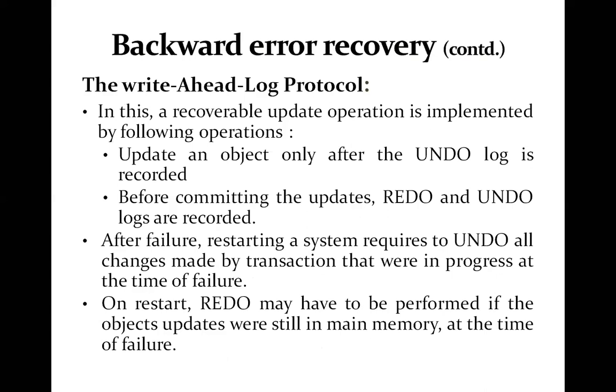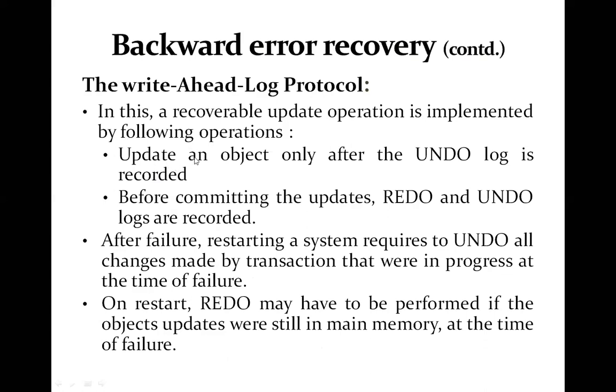So we have to look for another strategy, another protocol associated with the backward error recovery scheme, that is the write ahead log protocol. In this protocol, a recoverable update operation is implemented with the help of these two operations.